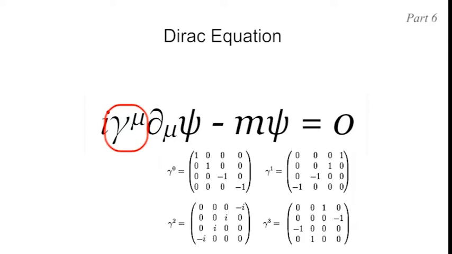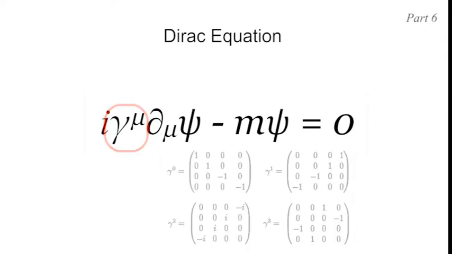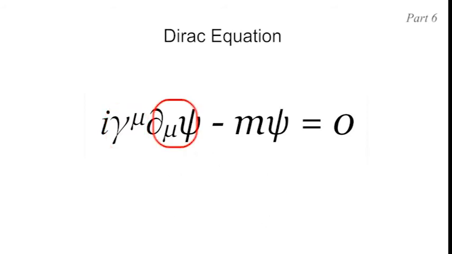So the Dirac equation has these four things: the Dirac matrices, gamma mu, multiplying in a special way depending on the value of mu. These four derivatives, delta mu psi, and psi itself is a thing with four parts to it anyway. So all the fours make sense.